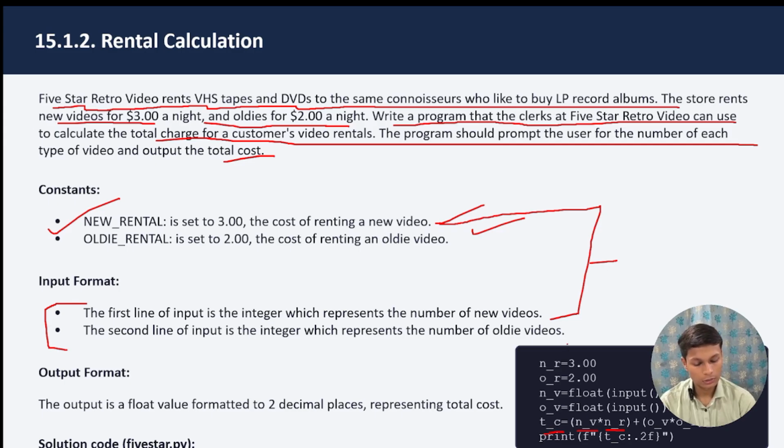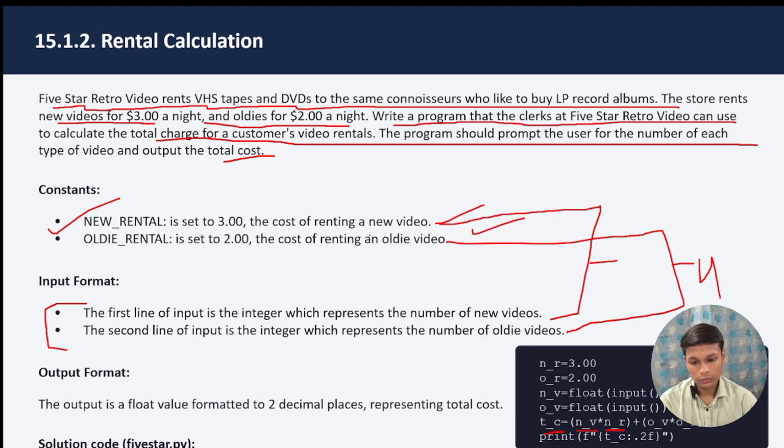And then plus, because we are also going to add the price of old videos. We perform the same multiplication here also: number of old videos into rent. Let's take an example. If the old video count is 2, multiplied by 2 it should become price 4.